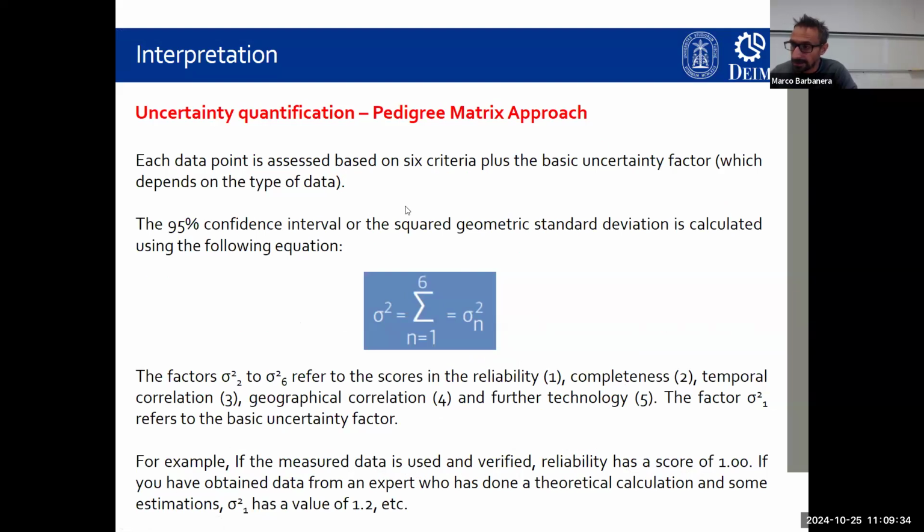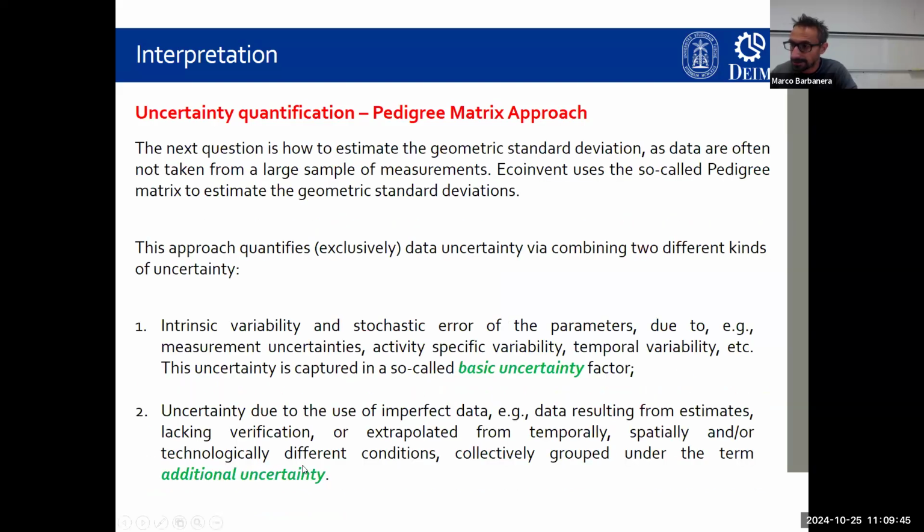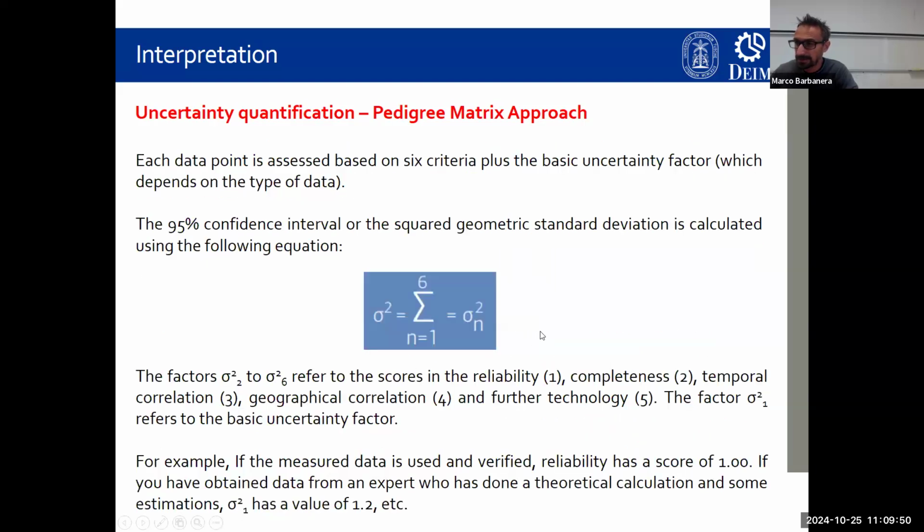Instead, the other 5 square standard deviations are associated to the additional uncertainty.